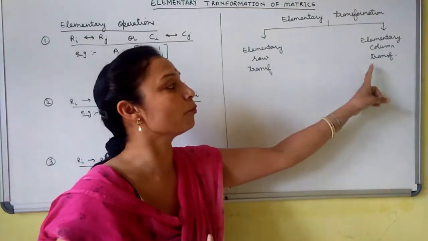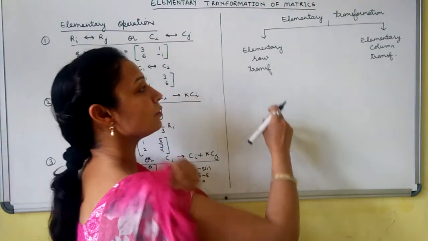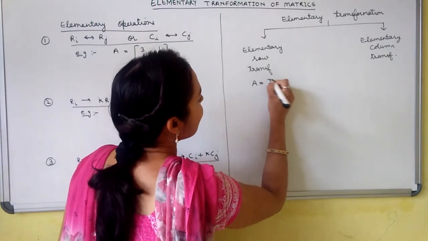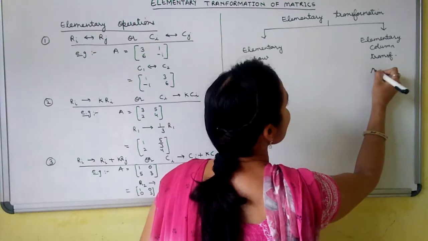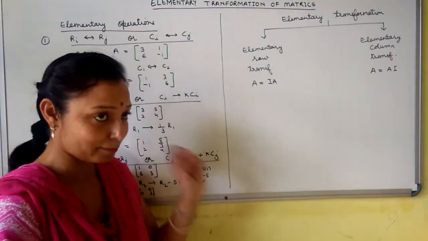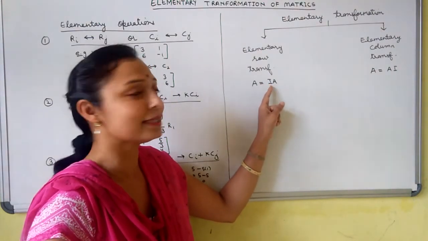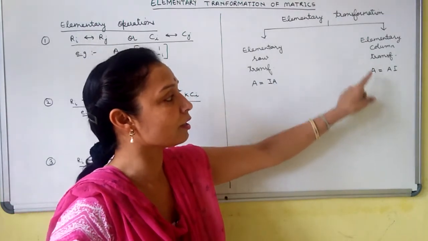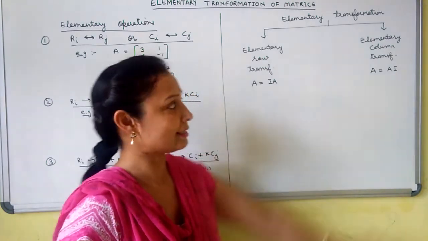You can opt for only one out of these 2. But there is one rule to find the inverse. In rows we will use A is equal to IA, or in columns we will use A is equal to AI. That means you have to pre-multiply the identity matrix in the row case, and if you go with columns, you have to post-multiply.